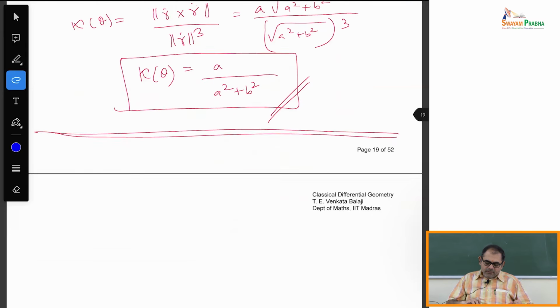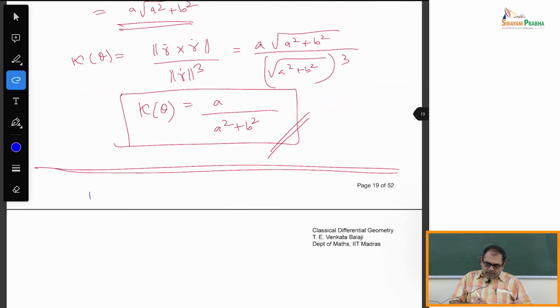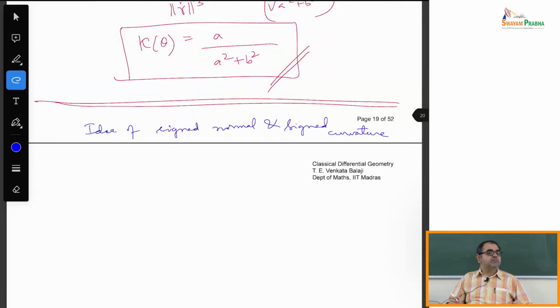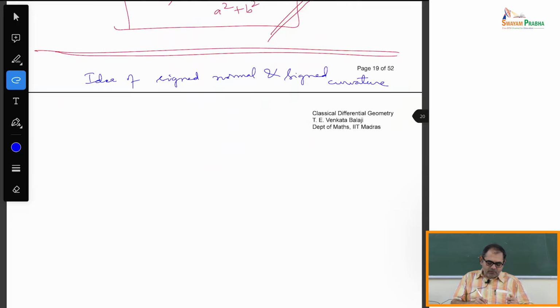Let me write this idea, the idea of signed normal and signed curvature. You see, we arrived at them from a kind of geometric point of view. Let me remind you how this was done.